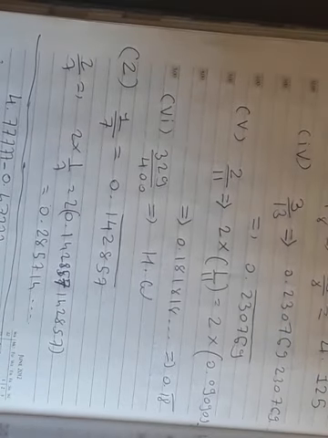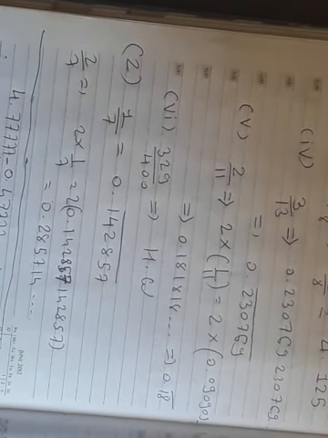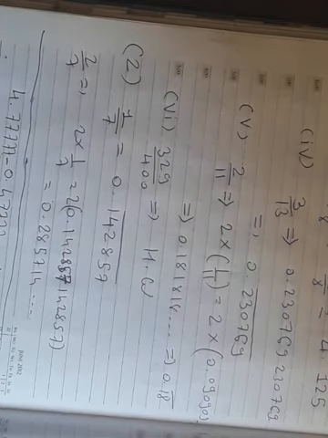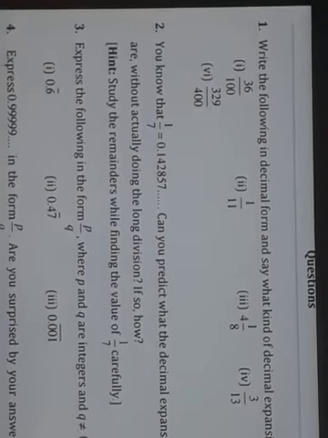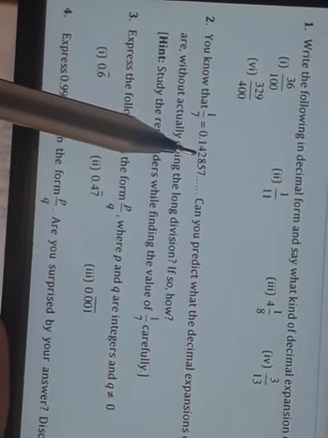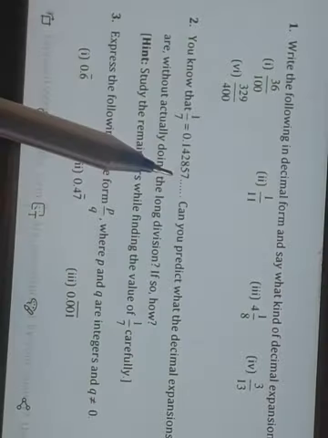Now here is question number 2. What is the question? It is given that you know that 1 by 7 is 0.428571... It is repeating after that.